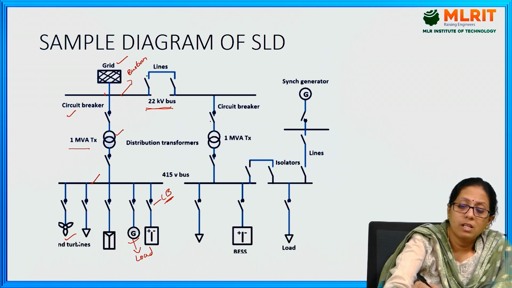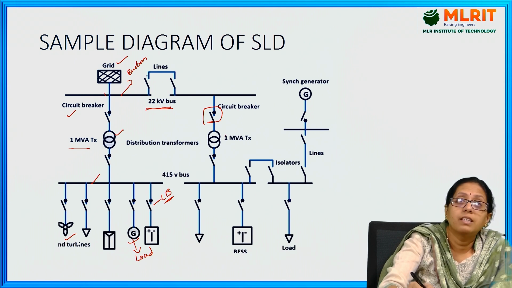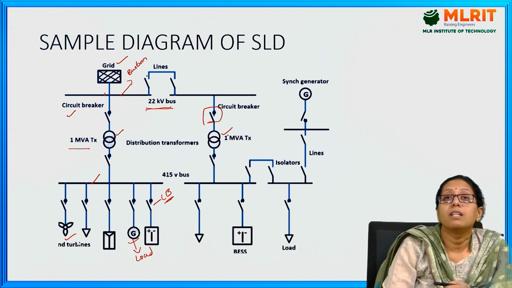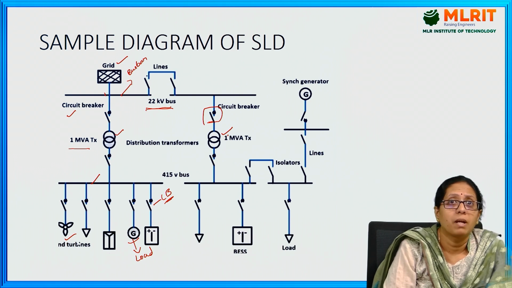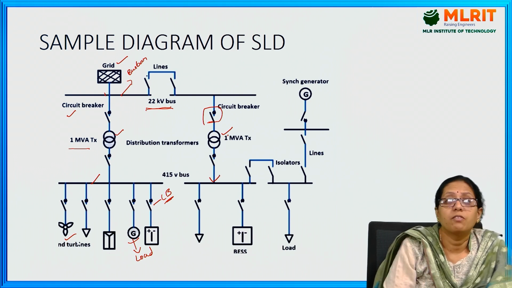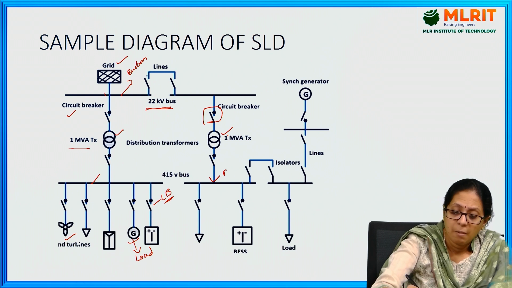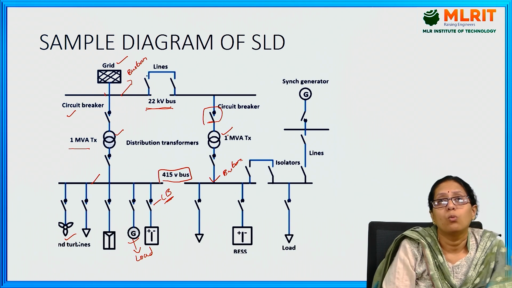Here to this bus bar, again one more circuit breaker is connected. From this, another distribution transformer is connected with the same 1 megavolt ampere rating, and from this we have connected to another bus bar. Here the bus bar voltage is 415 volts.